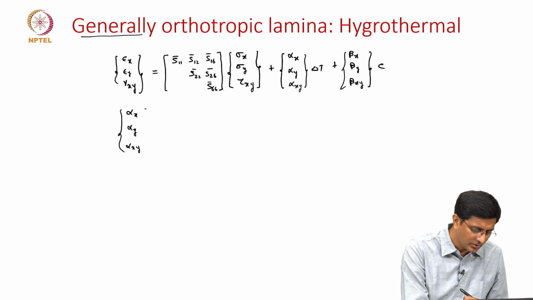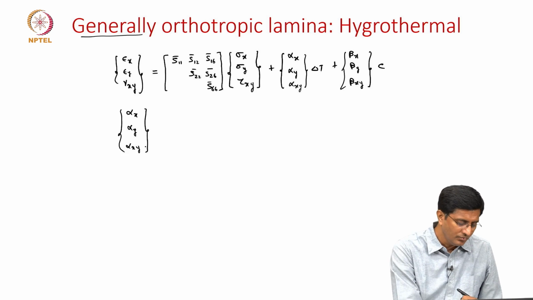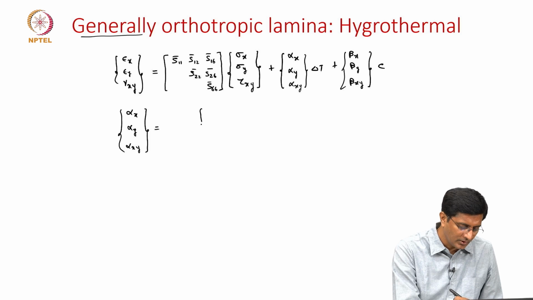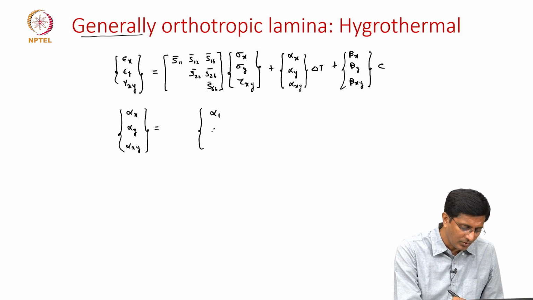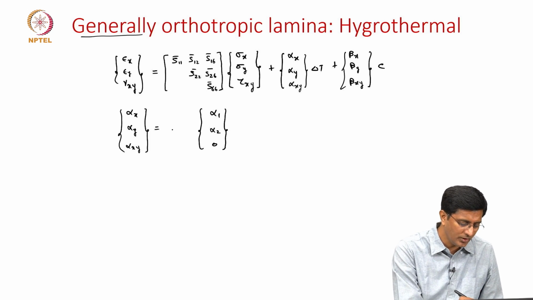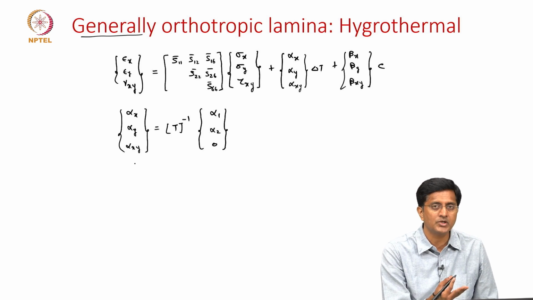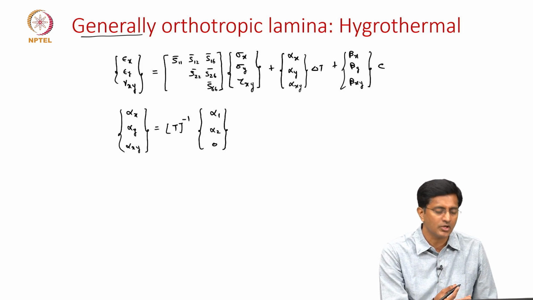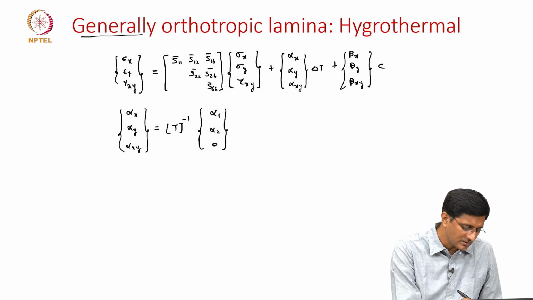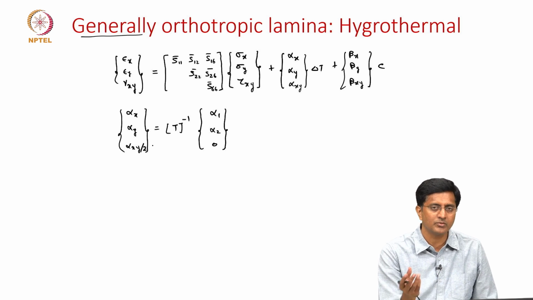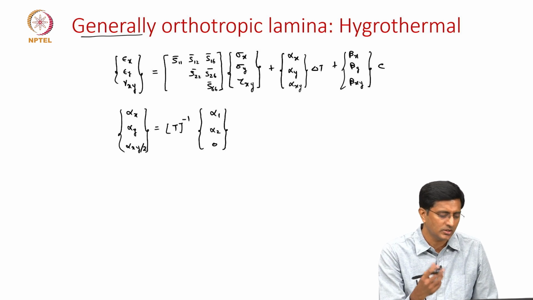We get it from using the transformation matrix where we started with alpha 1, alpha 2, and 0. But since we are using a transformation matrix, here we are going from the material to the body coordinates. So we should be using the inverse transformation matrix. And then since this transformation matrix can only be applied for tensorial quantities, we should write these as alpha xy by 2. So the alpha xy by 2 will bring it from the engineering CTE to the tensorial CTE.